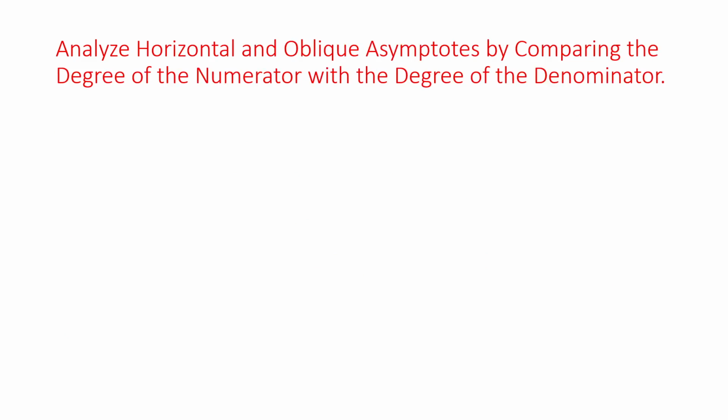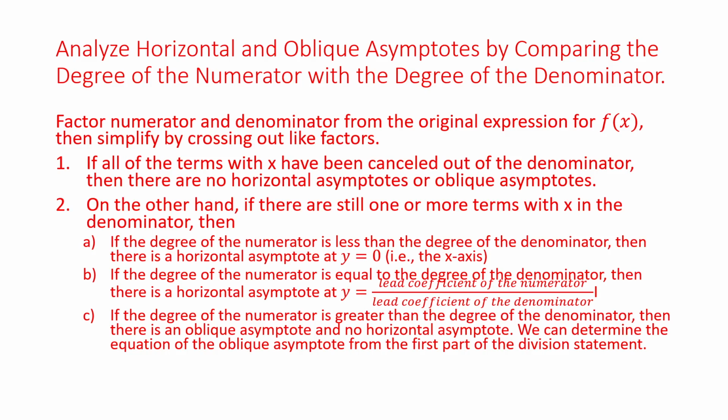We analyze horizontal and oblique asymptotes in another analysis, okay? What we do here is factor the numerator and denominator and then cross out the like factors like we know how to do from earlier grades. Now, if all the terms with x have been canceled out of the denominator, there's no horizontal or oblique asymptote.